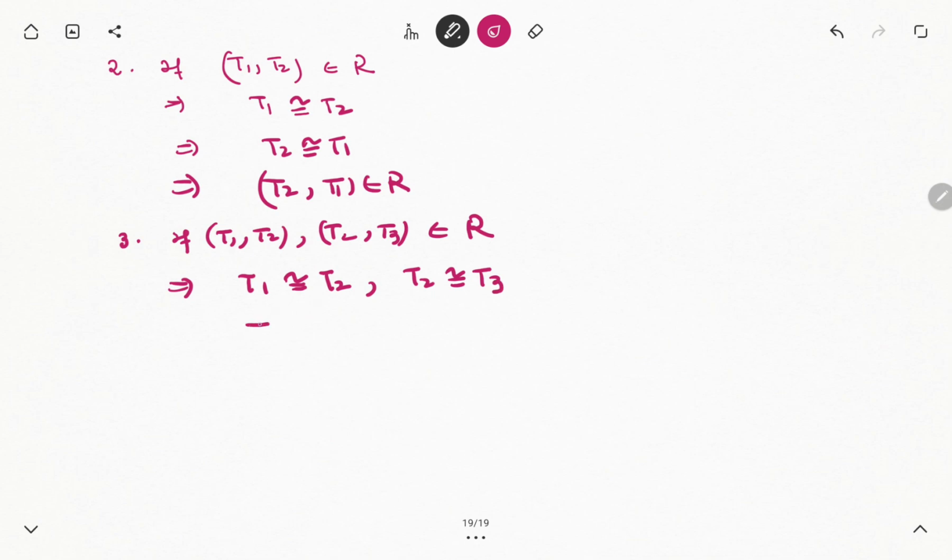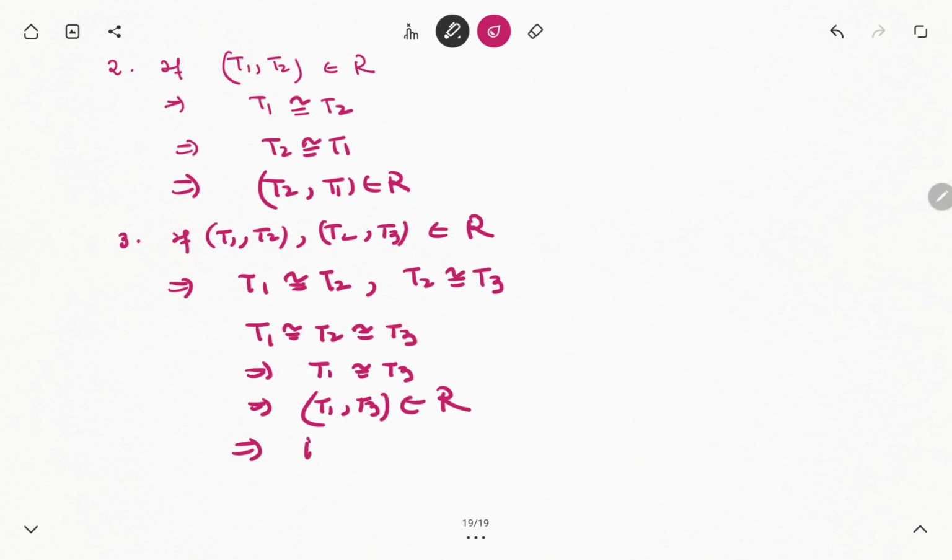So we can write T1 congruent to T2, T2 congruent to T3 implies T1 congruent to T3. This implies (T1, T3) belongs to R, and this implies R is an equivalence relation.